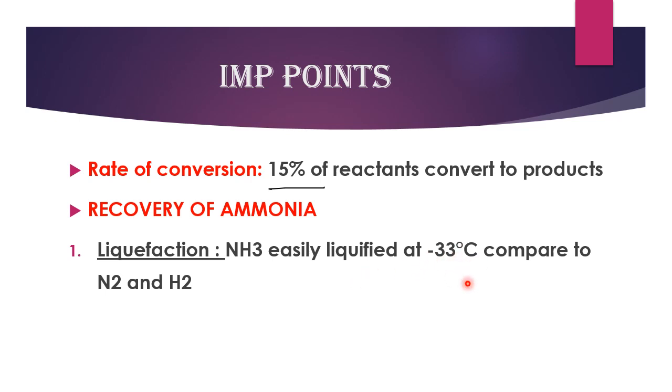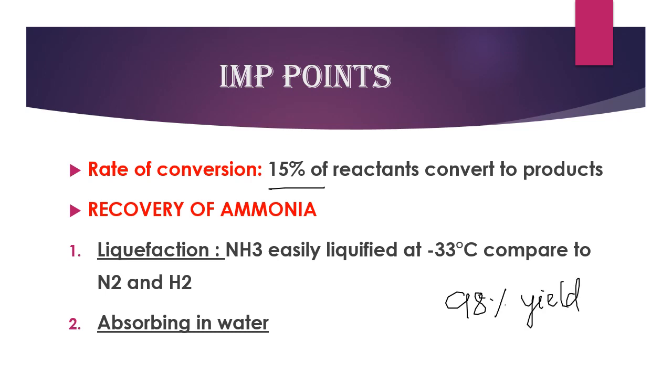Its condensation point is -33 degrees Celsius, which is very high compared to nitrogen and hydrogen, means ammonia will liquefy easily. Or you can simply absorb it in water, because ammonia is highly soluble in water. Remember the fountain experiment. So if you remove it by either of these, you will get a better yield. So we continue this reaction until we get 98% yield.